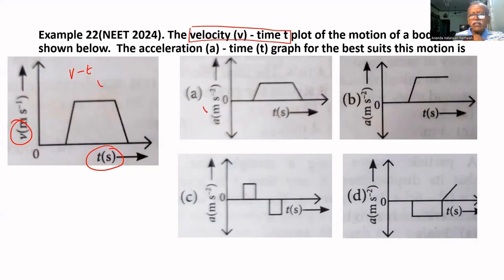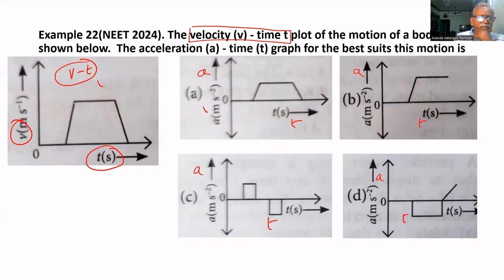So another 4 graphs are given corresponding to this, acceleration versus time. Which suits this velocity time graph? That is the question.